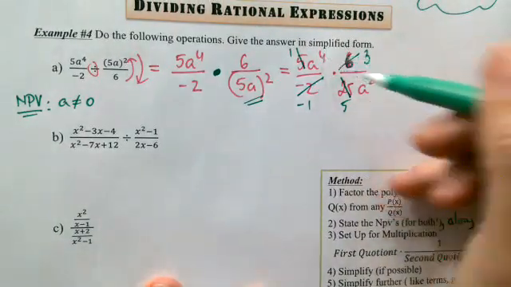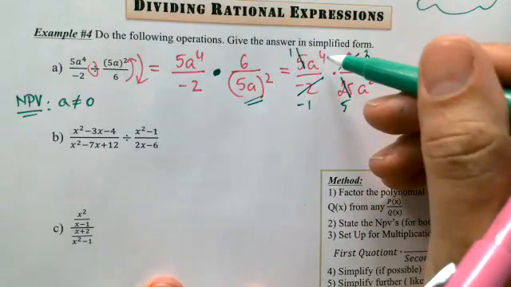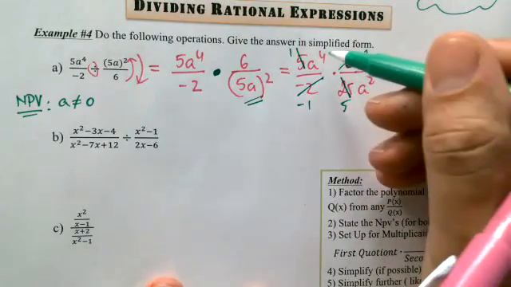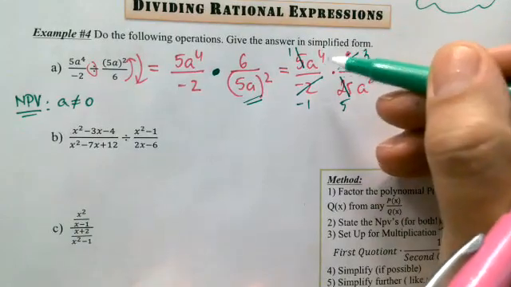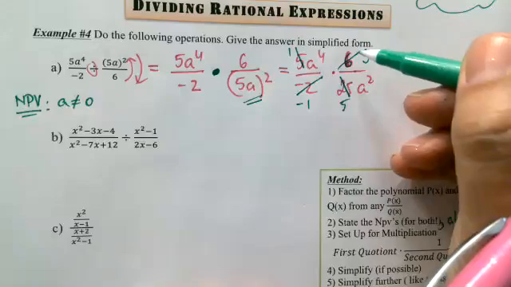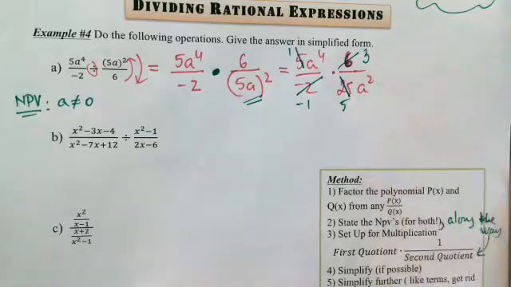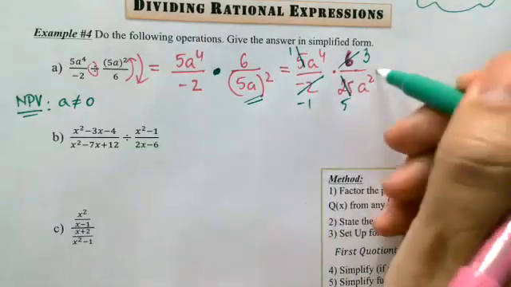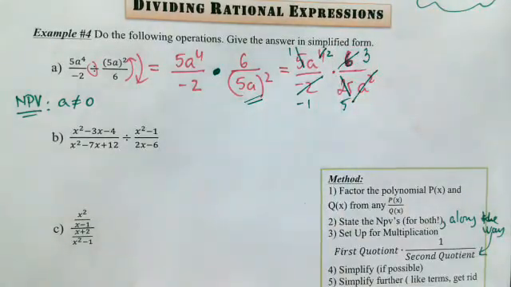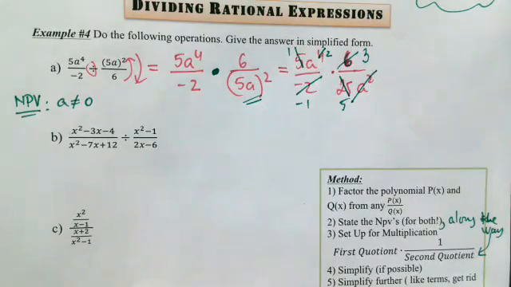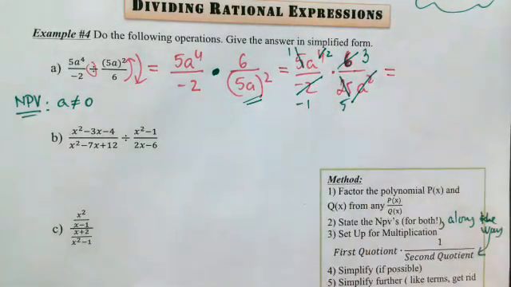And a to the 4 and a squared: the higher one is at the top, so the subtraction will happen at the top, and the answer will stay at the top. So a to the power of 4 minus 2, which is going to be 2, right? So basically, this is gone entirely, and from here, you're only going to be left with a squared. What are we left with?